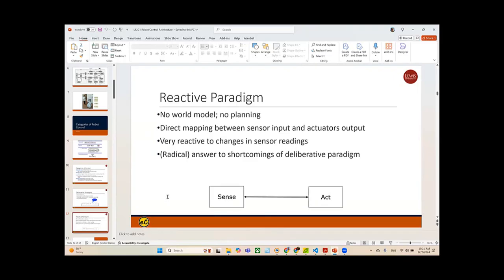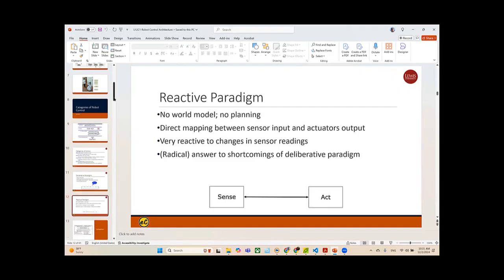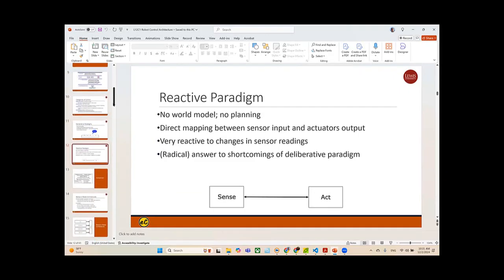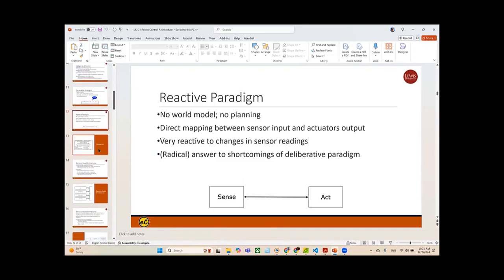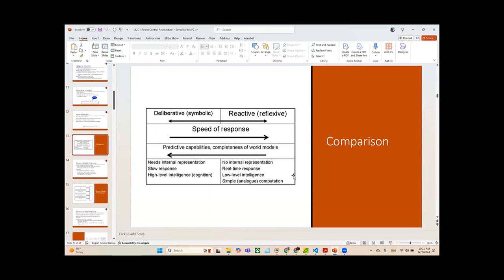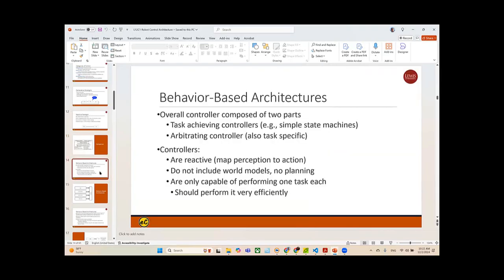If you don't have a planning part, we call it a reactive model. This reactive model just senses, and there is no planning, so it gives a faster response but may not deliver the best response. So here we have a comparison of the two different kinds of robot models.